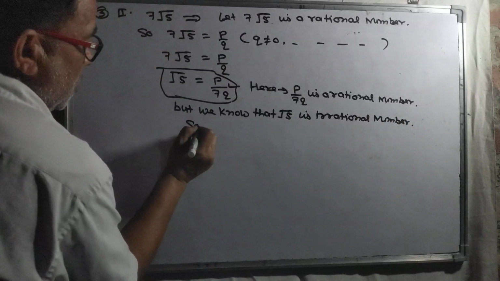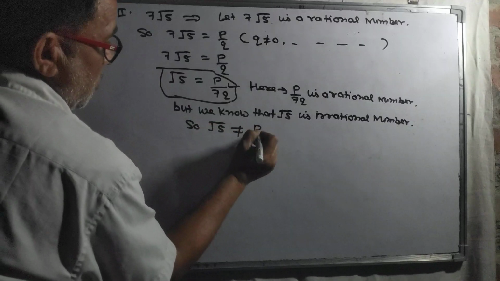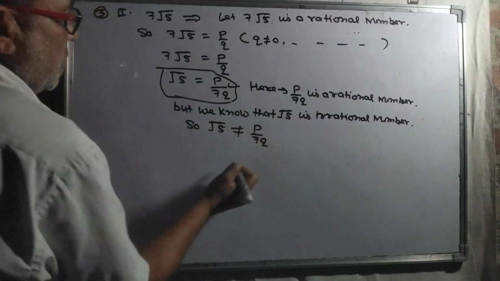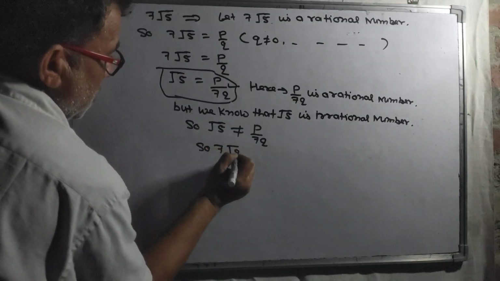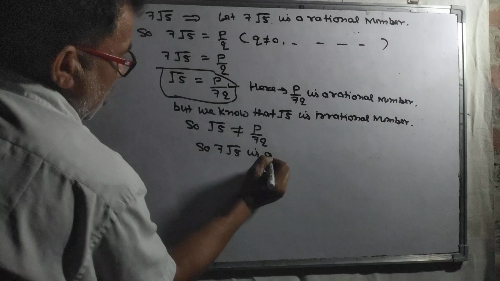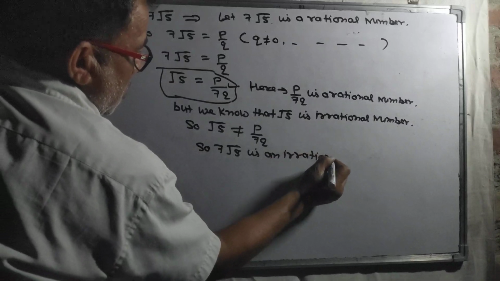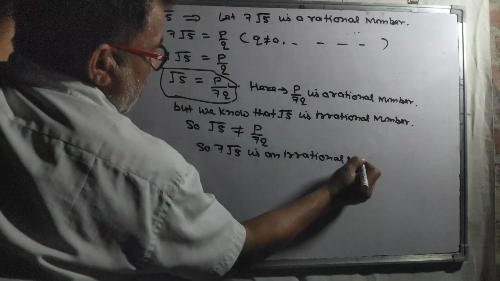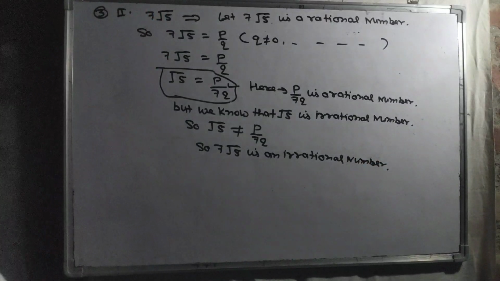So root 5 cannot be equal to p by 7q. So 7 root 5 is an irrational number. Finished. This is the last part.